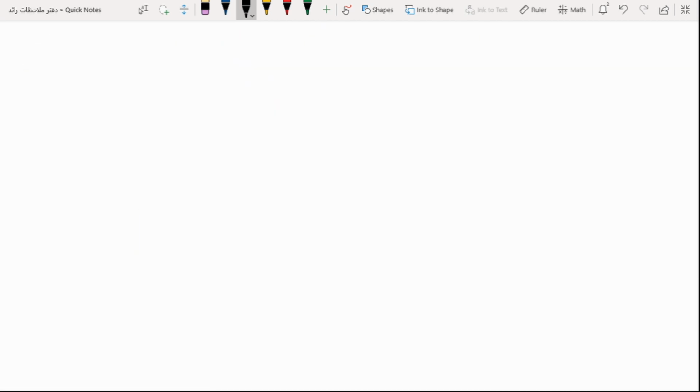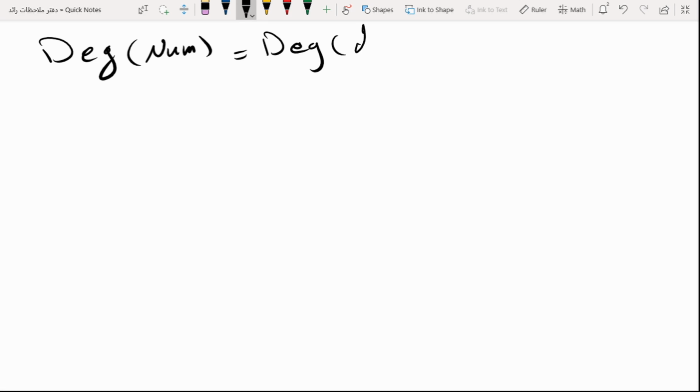Last case: when the degree of the numerator is equal to the degree of the denominator, then the answer will be a constant.